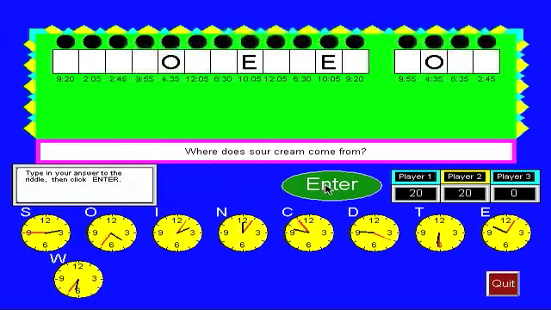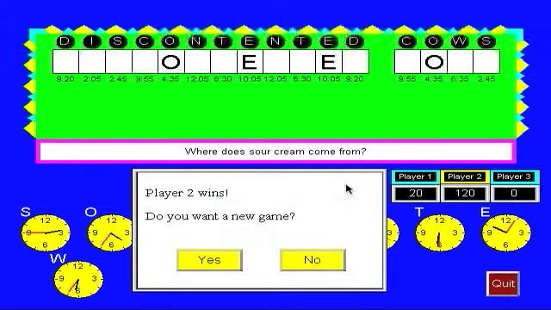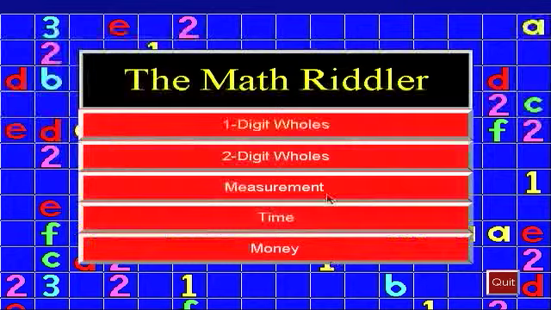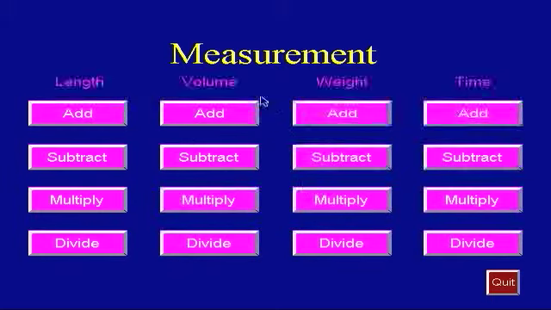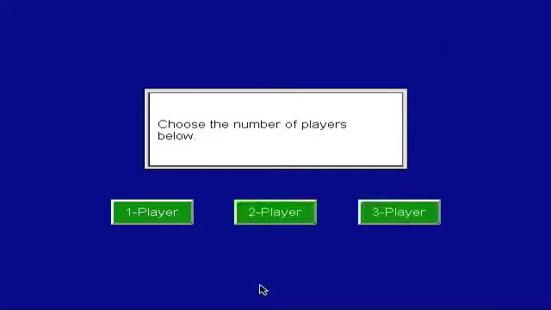Okay, let's try to solve this. So discontented cows. Let's see if that works. Okay, so it does. And measurement, you can do any of these. For example, multiplying length.